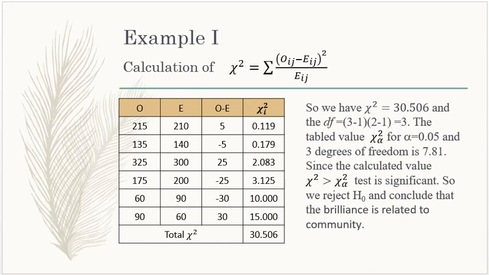Likewise, we have written O and E. Then we find chi-squared, that is (O minus E) all squared by E. So here 5 squared by 210, 5 squared by 140, and so on. Likewise, we calculate for every cell.